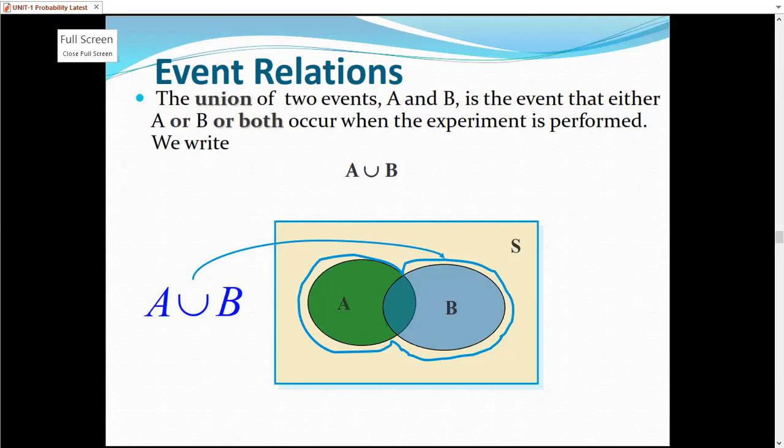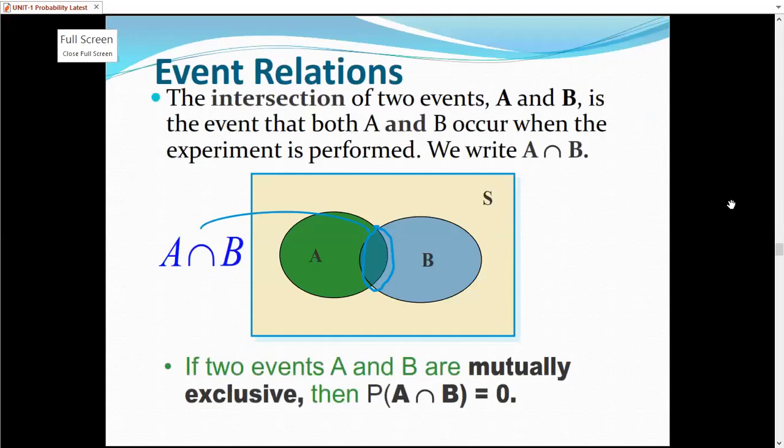A union B with the sample space S. A intersection B is the event that both A and B occur when the experiment is performed. We write this one as A intersection B.